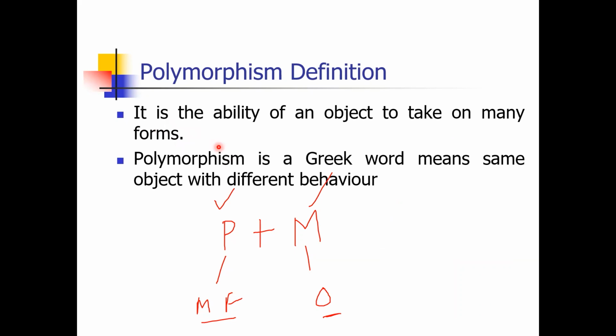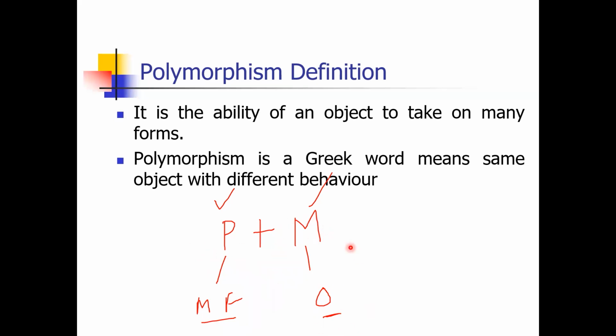Again, listen carefully. Polymorphism is a combination of poly plus morphism. Poly means many forms. Morphism means any state, behavior, entity, object. So the same object which can take many forms is called polymorph.